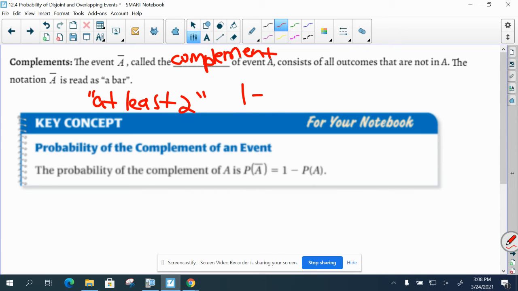So you would do 1 minus the probability of none. That's a little trick that we'll use for a different question. All right, so here's how you would notate it. The probability of A complement is 1 minus the probability of A, because it's like 100% minus the probability of A's percent.